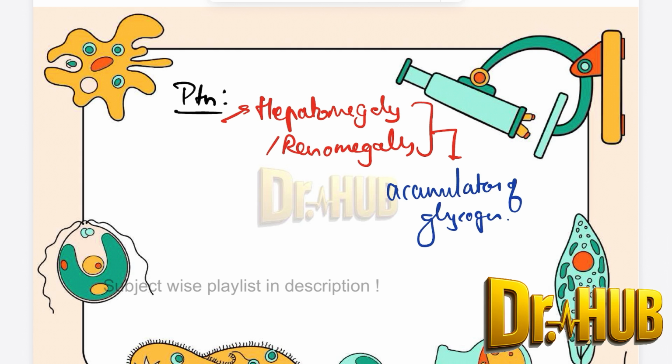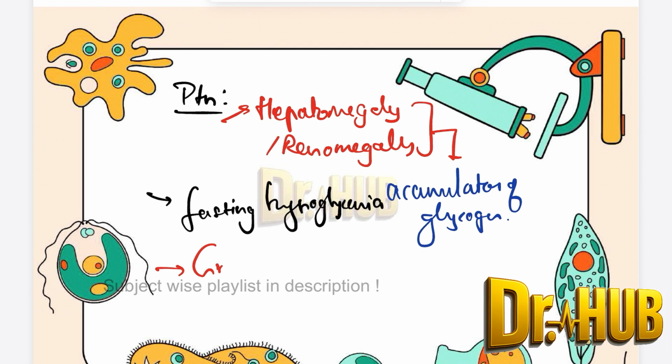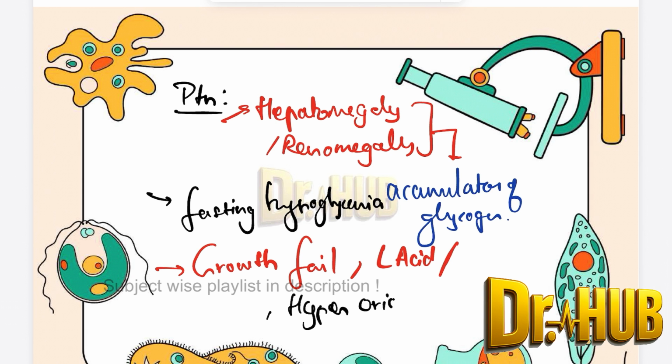There can also be severe fasting hypoglycemia. Next, there is growth failure, lactic acidosis, as well as hyperuricemia and hyperlipidemia.